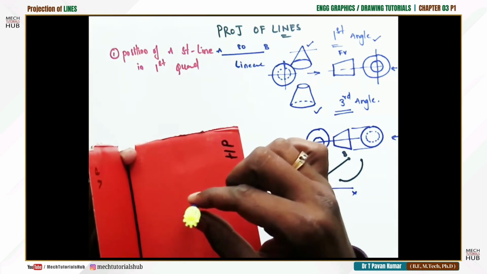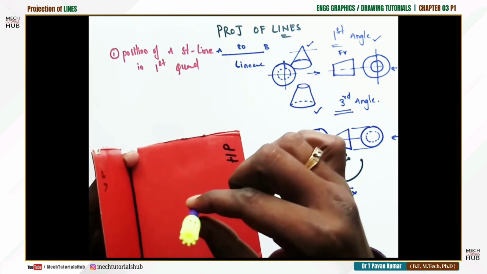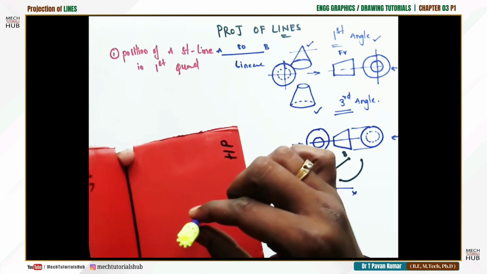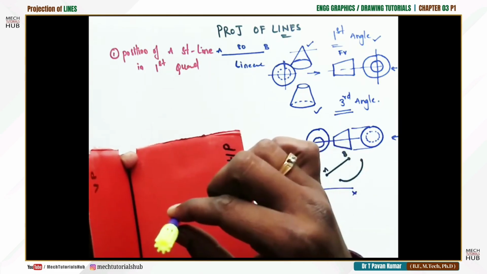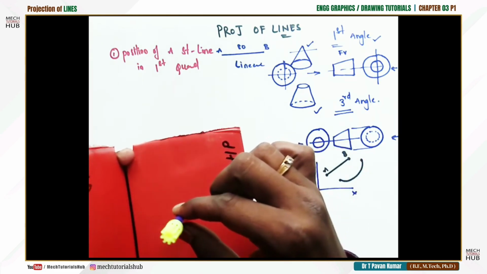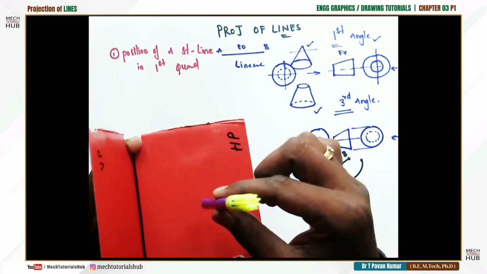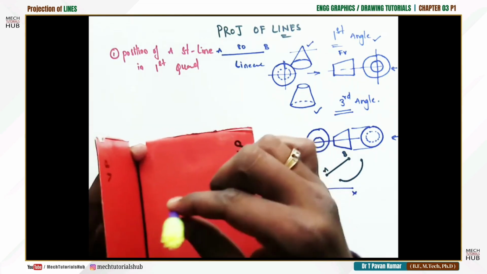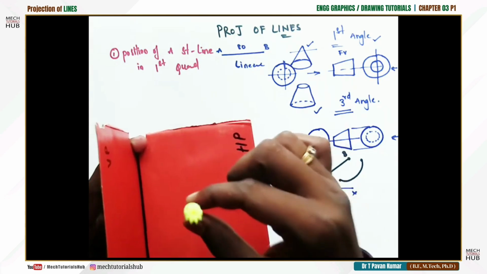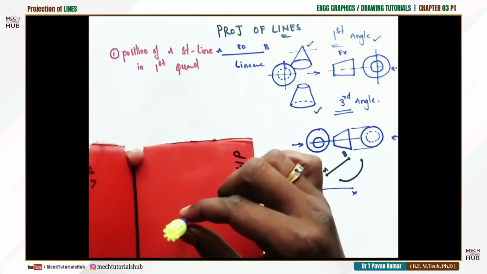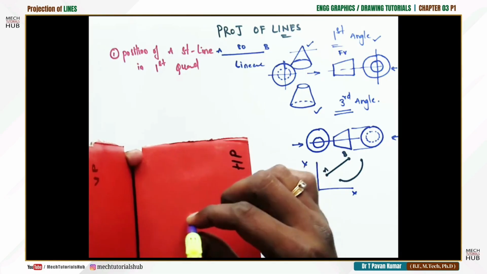Now the line may be at a distance of 10 mm above the HP and 20 mm in front of the VP, or else 10 mm above, 10 mm in front. Or else the line may be on the HP, or on the VP. The conditions may be many. This is the position, orientation of the line AB of 80 mm length: perpendicular to HP, parallel to VP. This is one assumption.